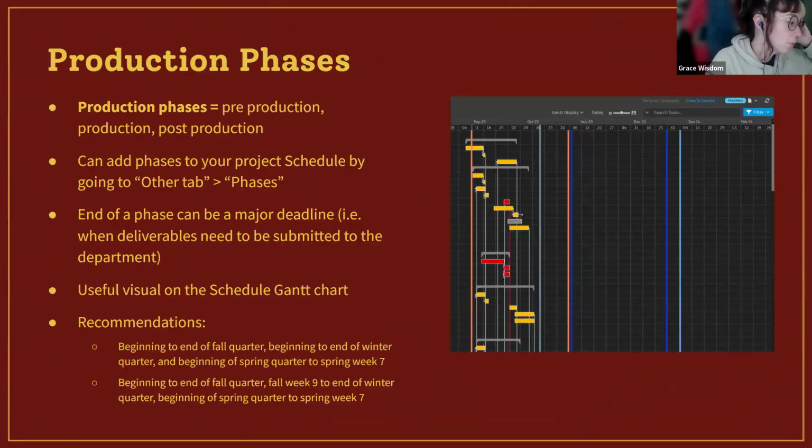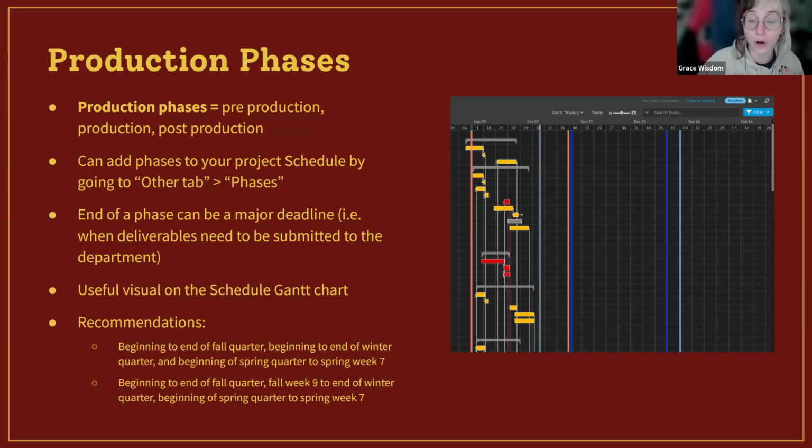So when you set up your Gantt charts over here, you can also set up production phases in your Gantt chart. And production phases are pre-production, production, and post-production. And even on our film, we also added in a winter break phase as well, since that's such a long chunk of time.